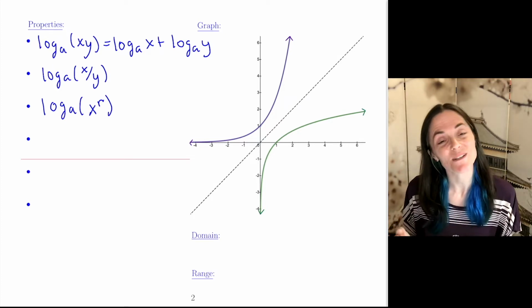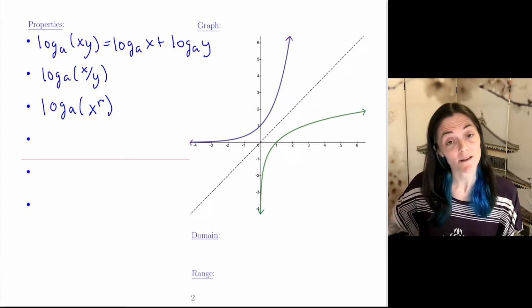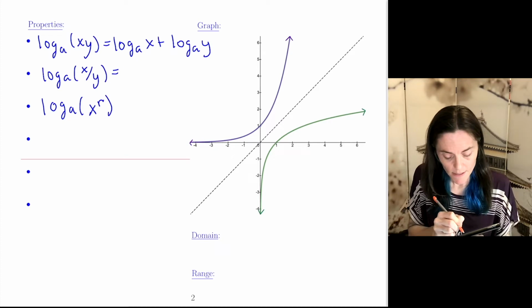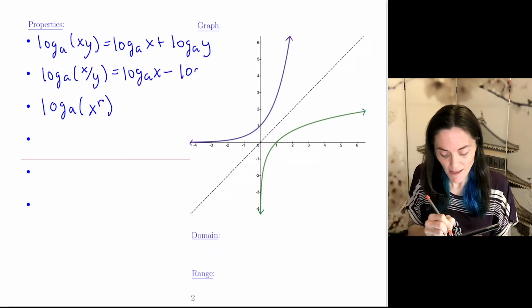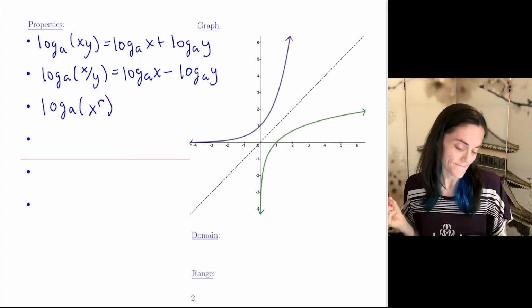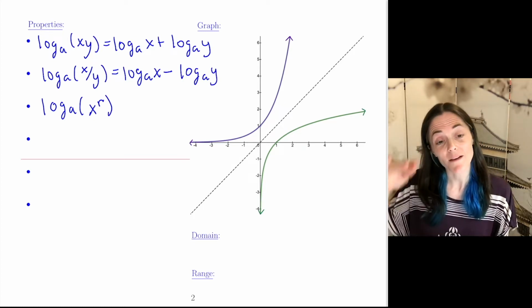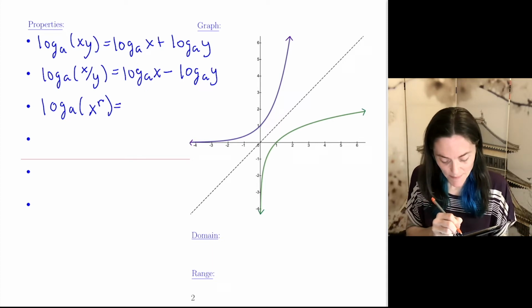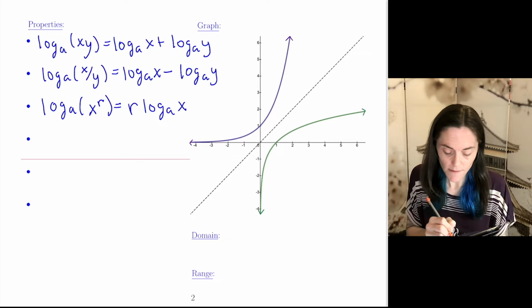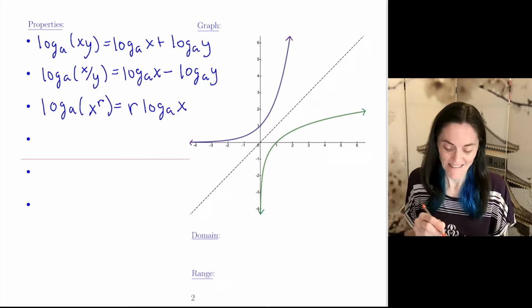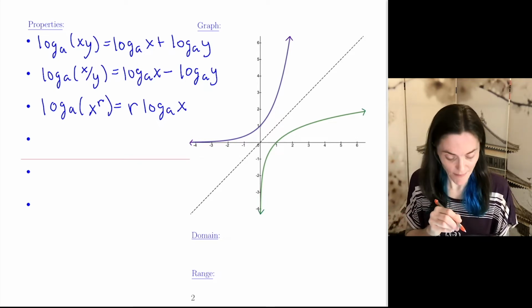When you have a quotient on the inside, this turns into a difference. So this is log base a of x minus the log base a of y. And then when you have a power, the power comes out in front. So this is r log base a of x. Let me put a box around these.